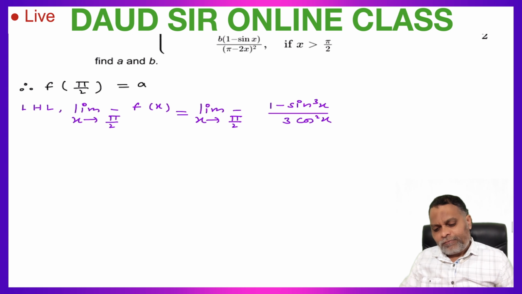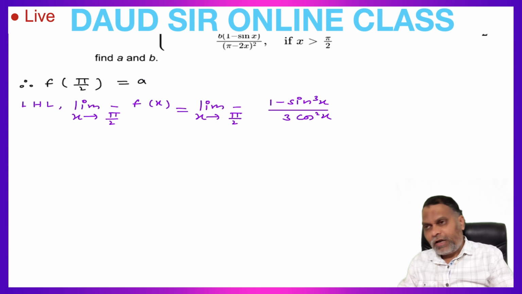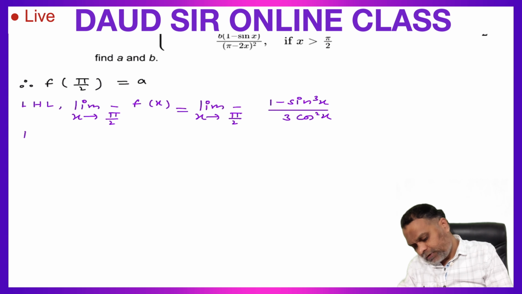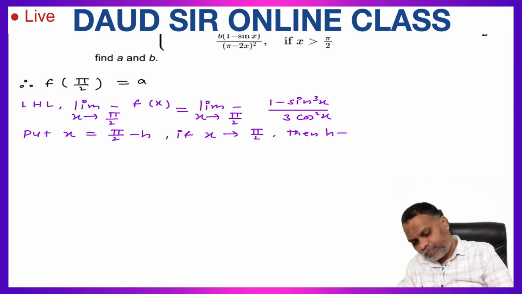Now, before putting the limit, we have to simplify this. For left hand limit, we have to substitute x is equal to a minus h. Here, a is equal to pi by 2, so put x is equal to pi by 2 minus h. If x tends to pi by 2, then h tends to 0.